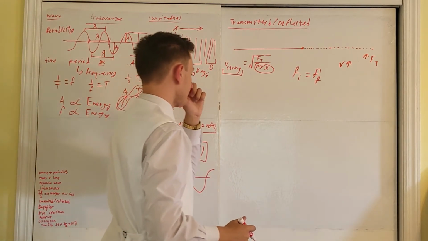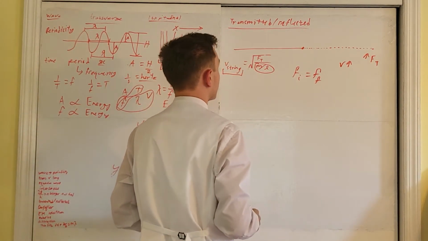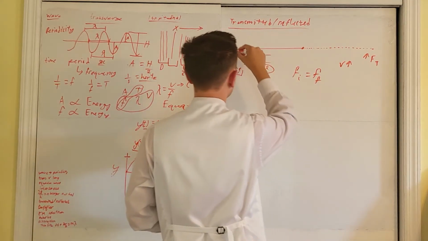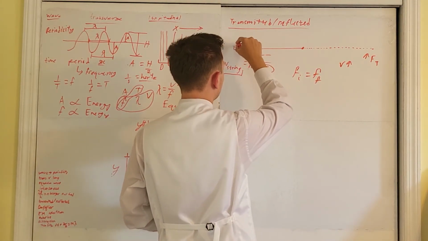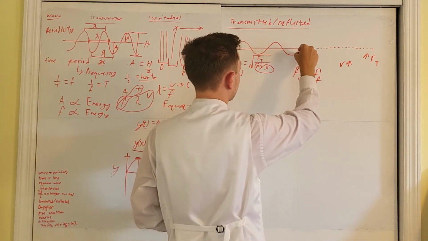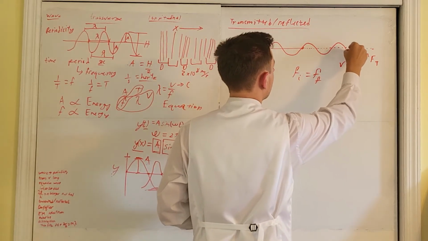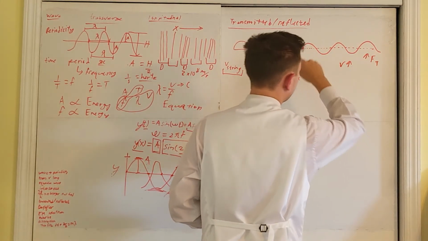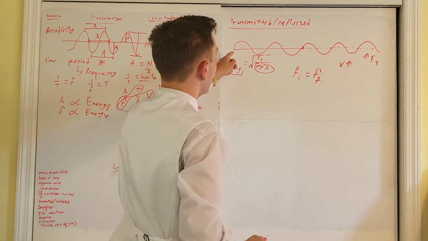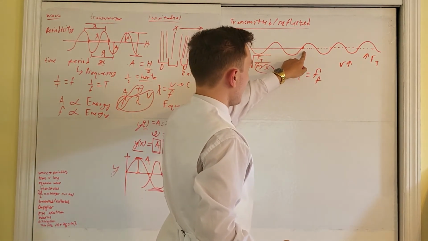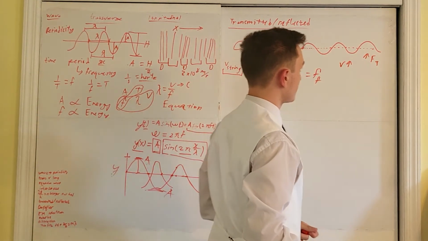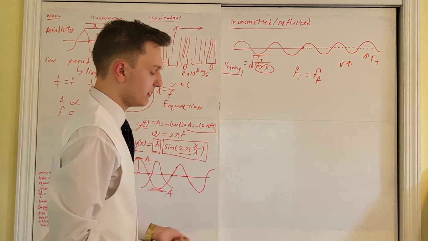Okay? Now, when we refer to transmission and reflection, if we have a wave that's progressing like this, the wave that is transmitted to the second wire will have absolutely no interruption in its phase. Okay, what do we mean by phase?